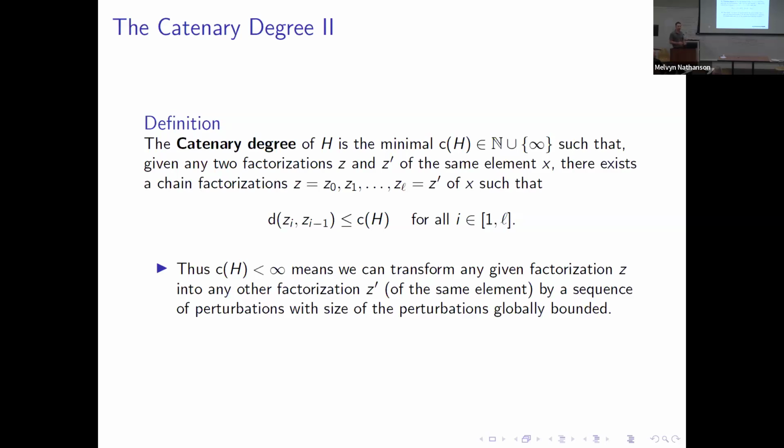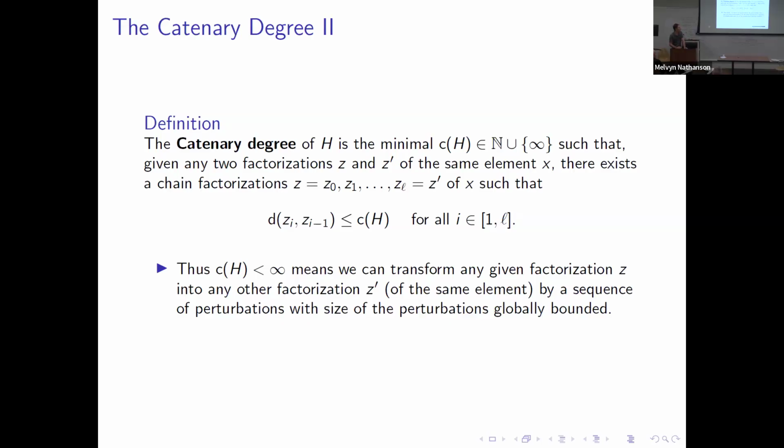And if it's even smaller, if we have bounds on how small it is, that tells us how much control we have over the perturbations, how lax we can be in how we perturb one thing to the other. So if it's a large number, we need to allow a little bit more space for a global bound to transfer one factorization to the other. And as they get smaller, we just transform by smaller perturbations each time.